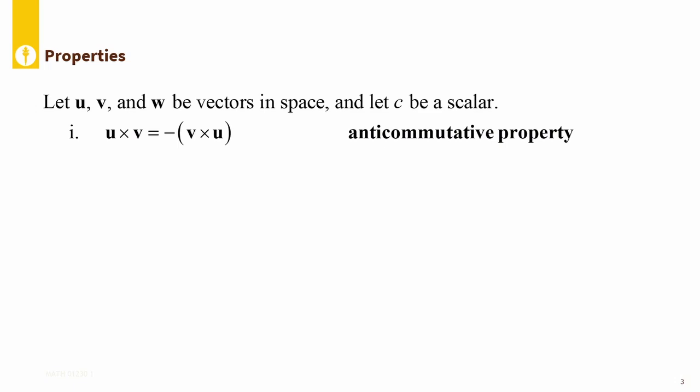So switching the order of the cross product doesn't change its magnitude. All it does is flip its direction by pi, so it goes in the exact opposite direction. That is useful to remember.